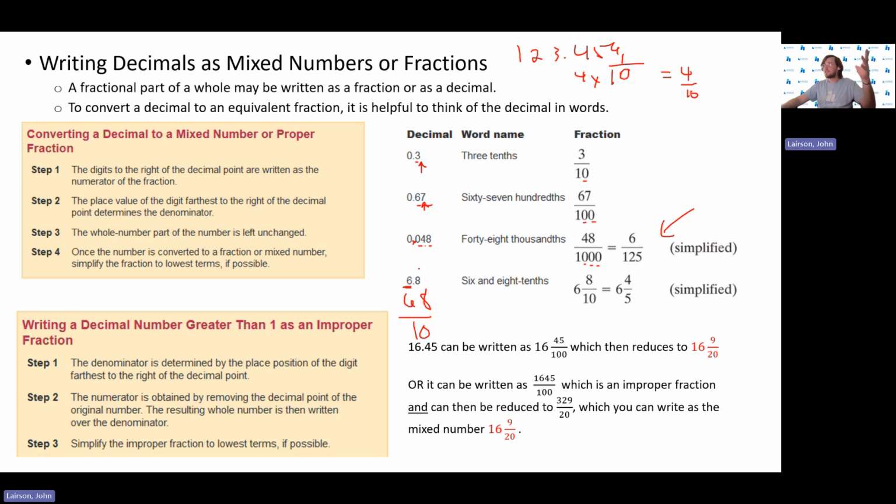We have 6 and 8 tenths. We have the whole part to the left of the decimal, and then the 8 tenths part, which I put over 10. When we have it as this mixed number, it's much easier to reduce: 6 and 8 over 10 to 6 and 4 over 5. That's a quick one to do, whereas doing the factor tree of 68 is going to take a lot longer than the factor tree for 8.